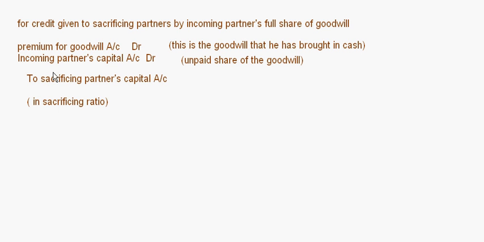Now the final entry is this: for the credit given to sacrificing partners by the incoming partner for his full share of goodwill. So now see what you will do here.